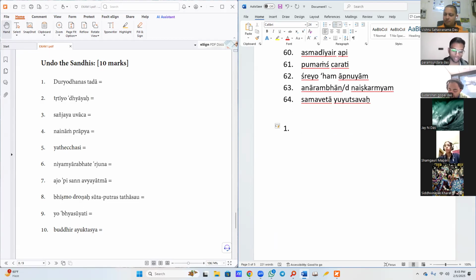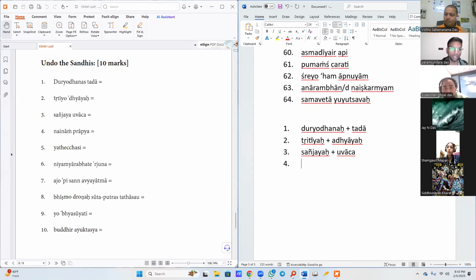So Duryodhanas tada is Duryodhanaha plus tada. Tritiyodhyaya is Tritiyaha plus Adhyayaha. Sanjaya Uvacha is Sanjayaha plus Uvacha. Fourth, Nainam Prapya is Na plus Enam Prapya.